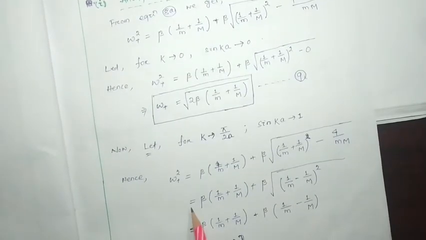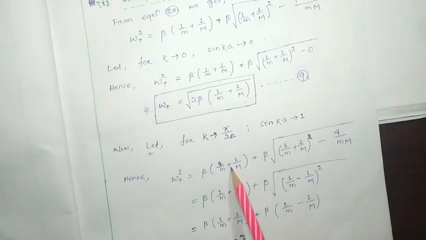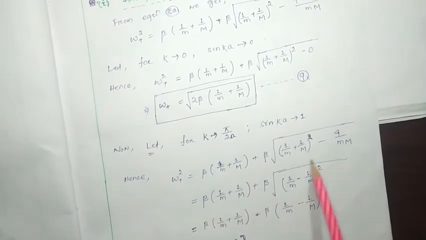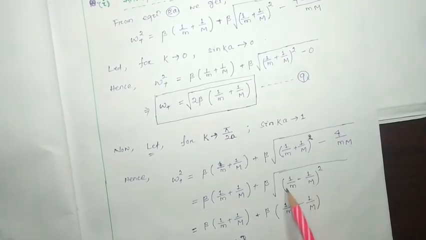So it is beta into this term plus beta into this term, which is nothing but (1/m minus 1/M) whole square.